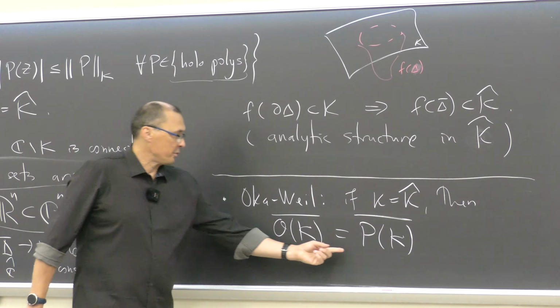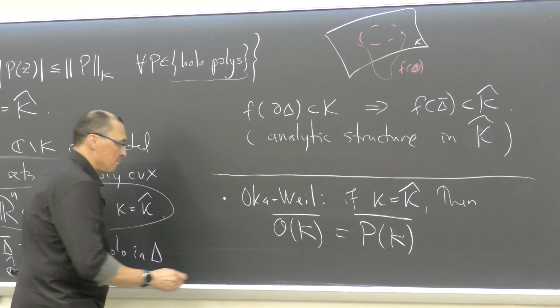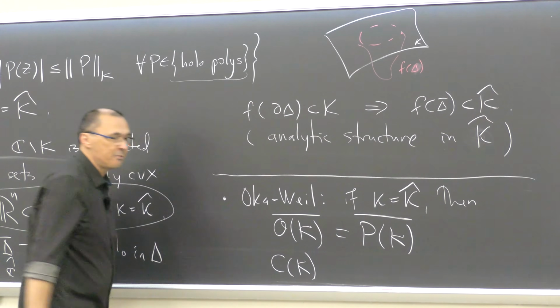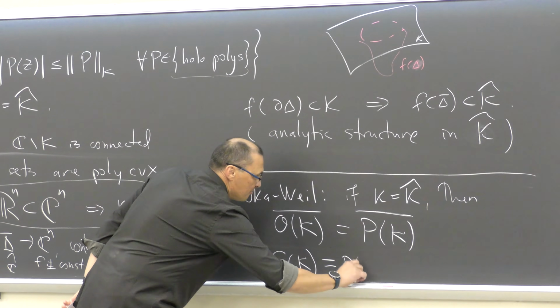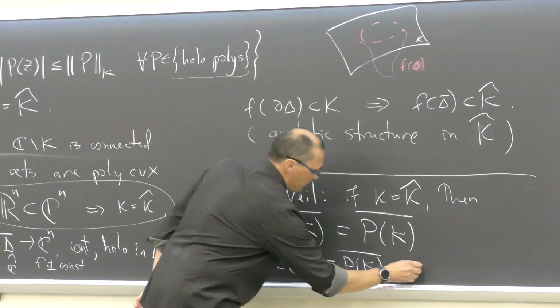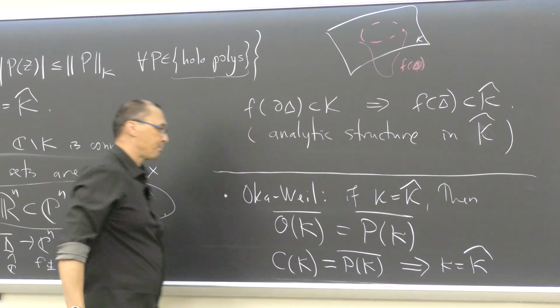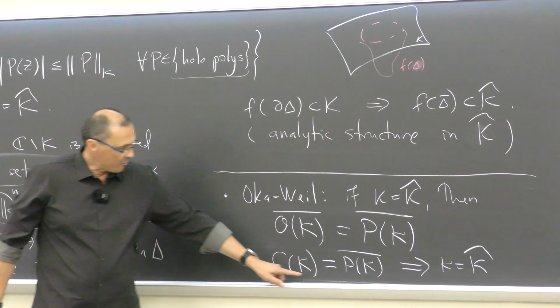The converse to this is not true in general, but a partial converse is the following: if I take the space of continuous functions on K, and if polynomials are dense here, then you can say that K is polynomially convex. And this is a strong assumption.